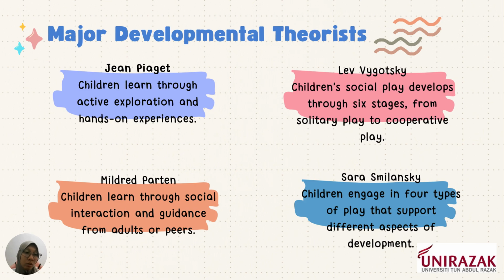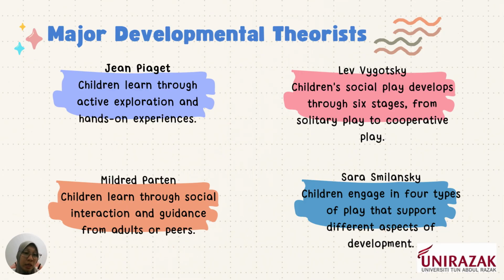So these are some of the major developmental theories which have shaped our understanding of how children learn through play. First we have Jean Piaget, who emphasized that children learn best when they are actively exploring and engaging with their environment.